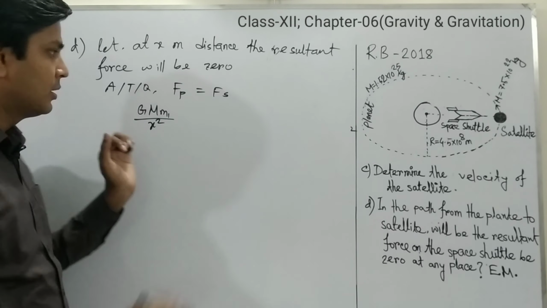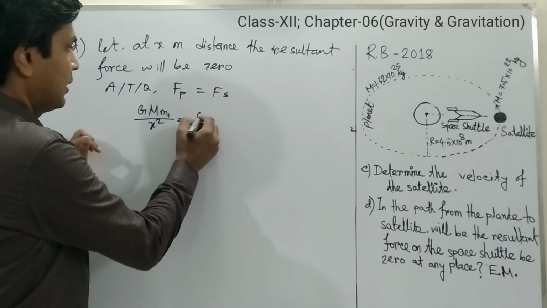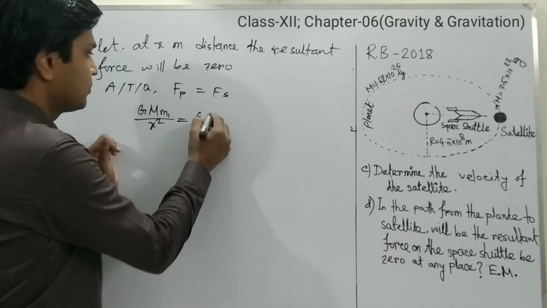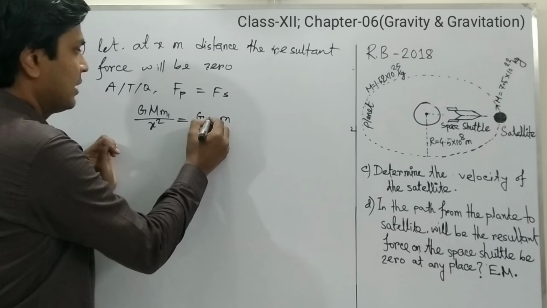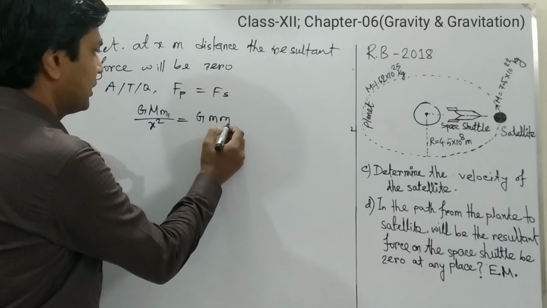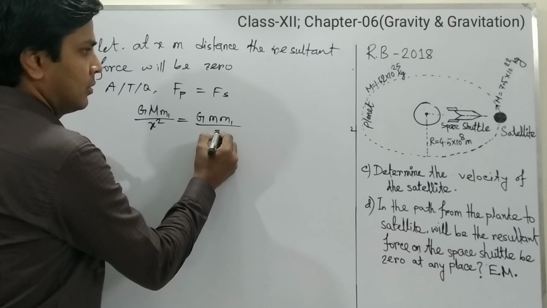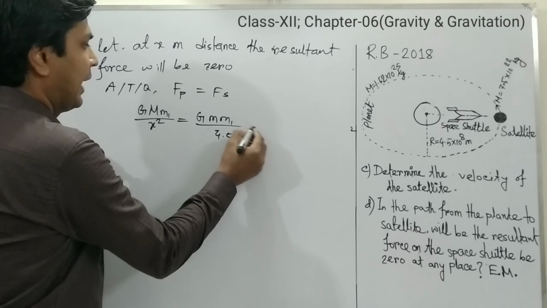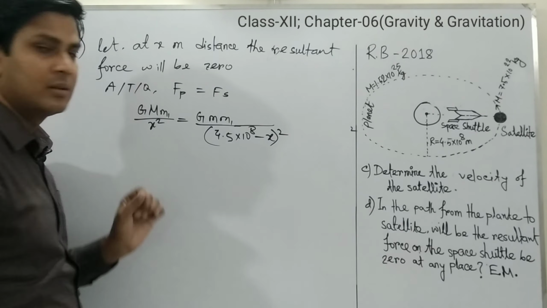And for the satellite, the gravitational force will be G m M1 divided by (4.5 into 10 to the power 8 minus x) square, where the mass of the satellite is considered small m.